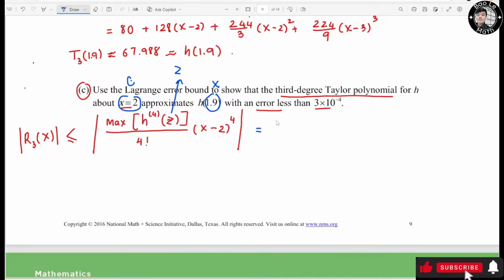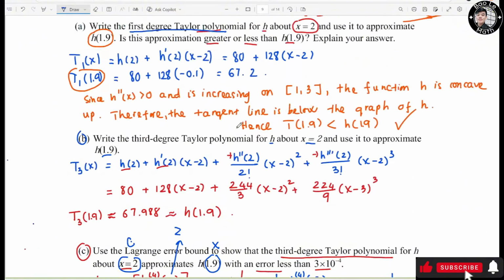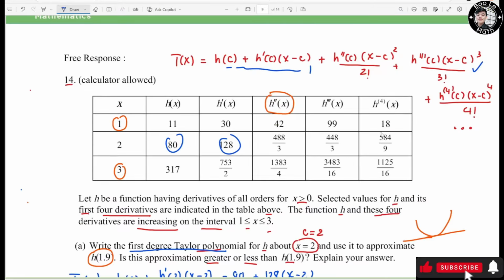So we have the absolute value of the fourth derivative of h at 2 over 4 factorial, which is 24, times s minus 2 to the fourth. Now, the fourth derivative of h at s equals 2 is given right here: 584 over 9.